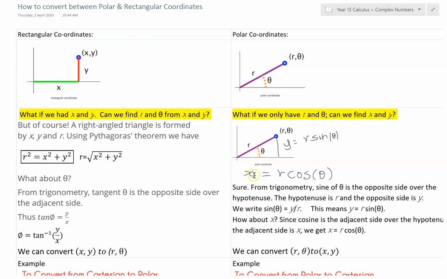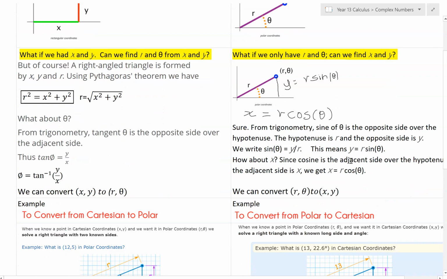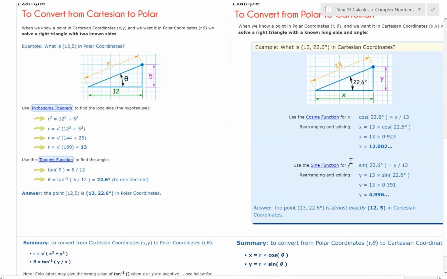Similar to that, we can also figure out x is equal to radius times cos angle. So once we convert this, then we could easily convert back from r, angle to x, y. Let me show you in the following example.